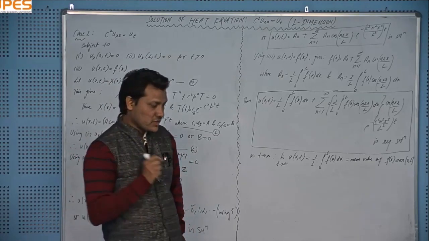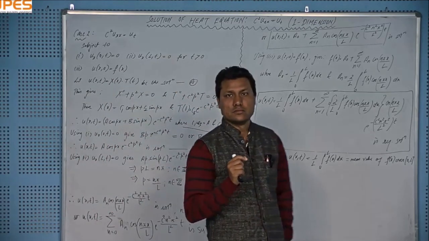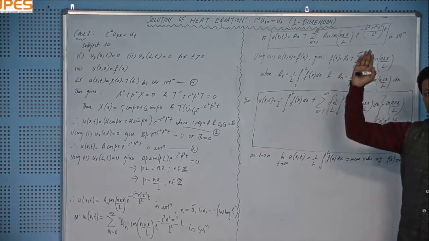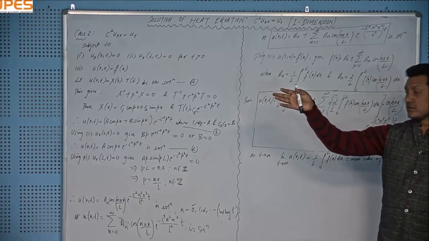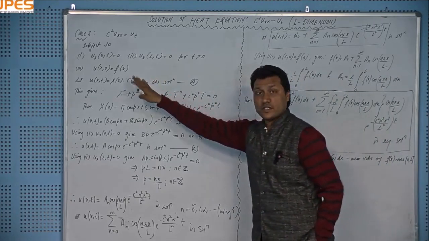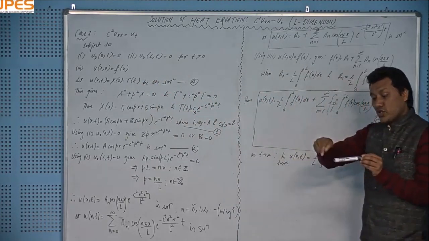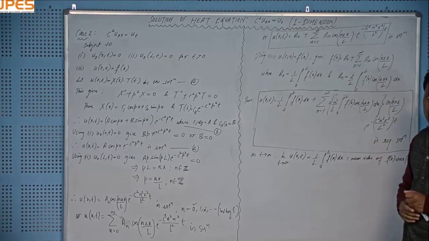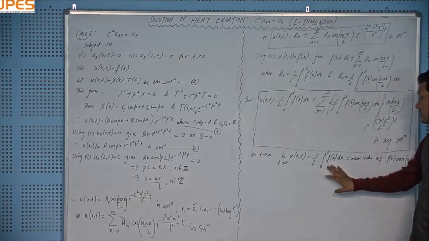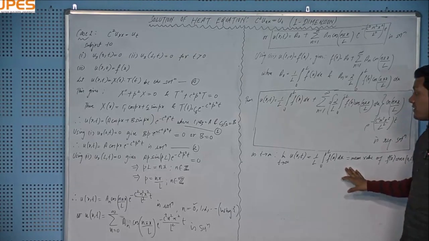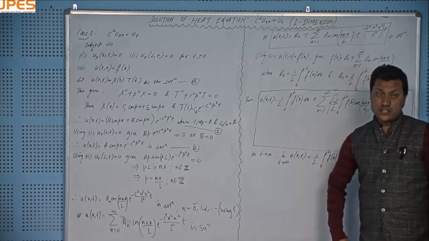It means that whatever your initial condition, after t tends to infinity, that initial temperature function f(x) becomes uniformly distributed over the whole length of the rod. You can see this from the mean value of f(x) over 0 to L, but this happens after a sufficiently large time.